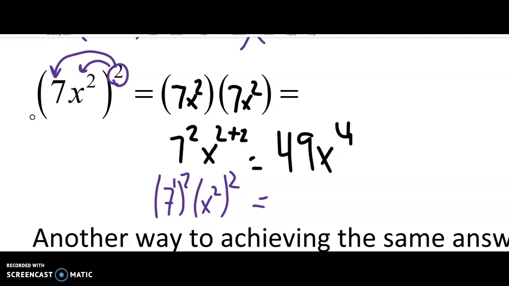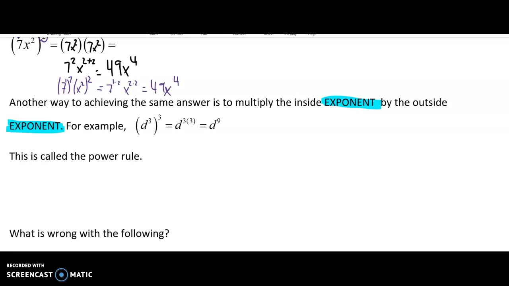So we'll get 7 to the 1 times 2 and x to the 2 times 2, which gives that same answer of 49x to the 4th, and also gives us a new rule. What we're doing is called the power rule.